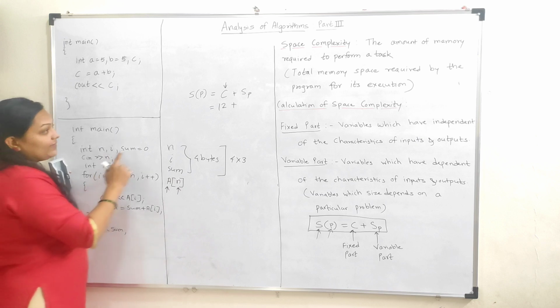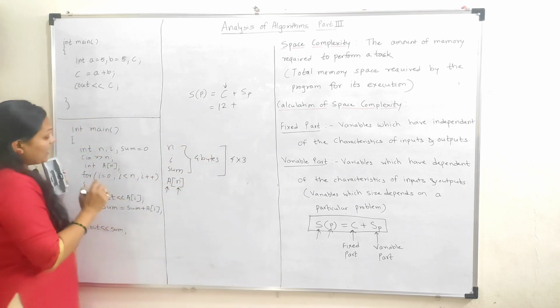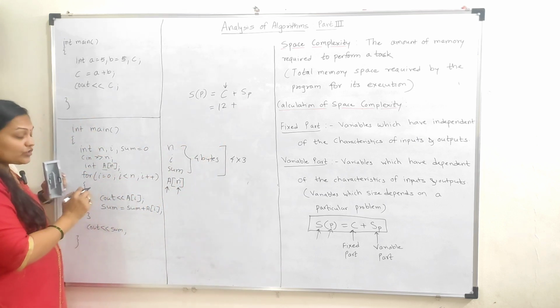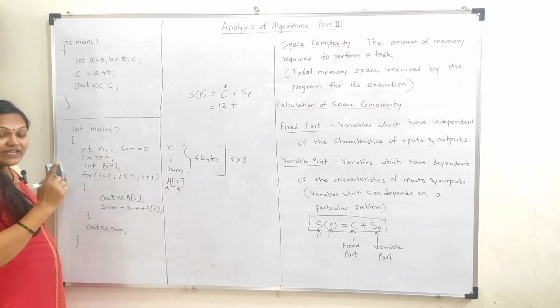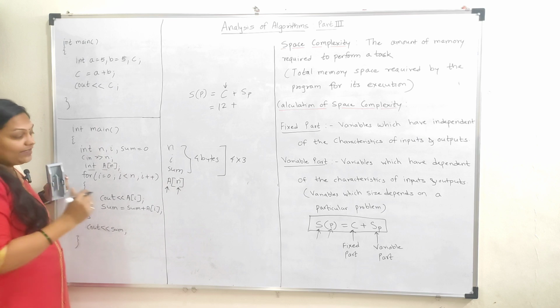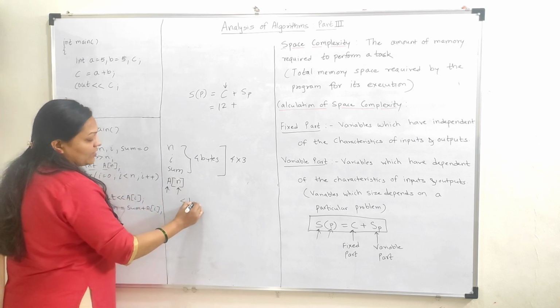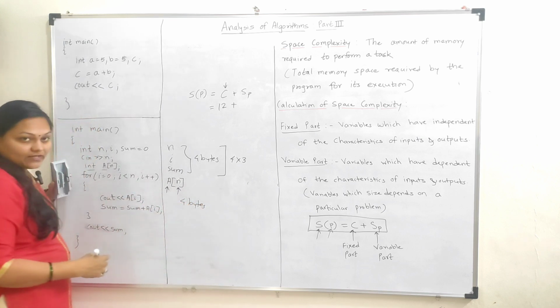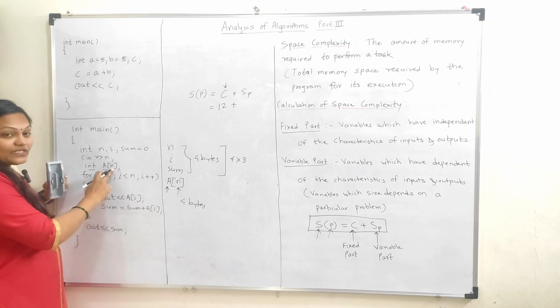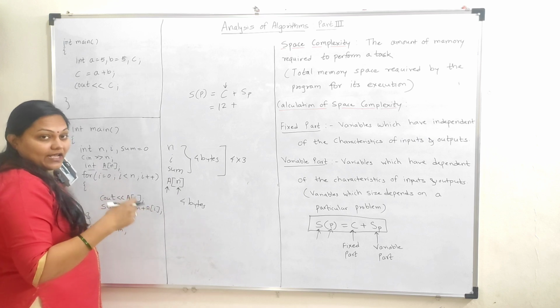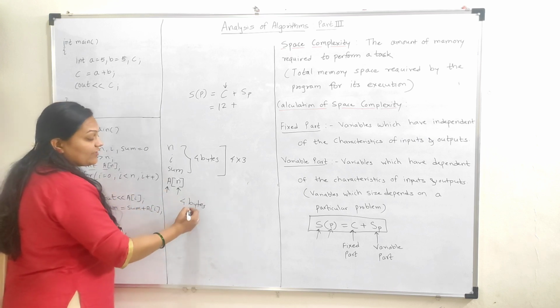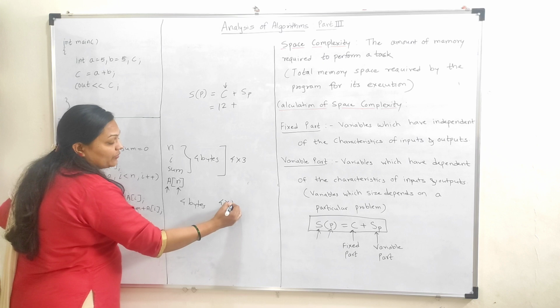So we will consider the array in the SP, and this array will store integer values. To store one integer value, how many bytes do we require? 4 bytes. So if n values are there in the array, how much memory space is required to store them? 4 into n.